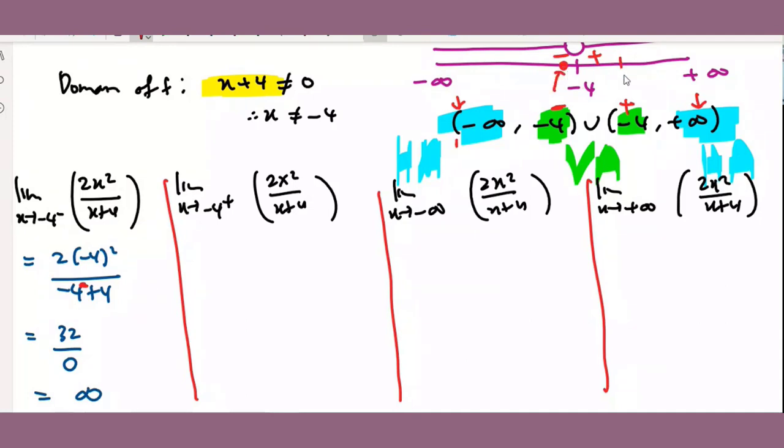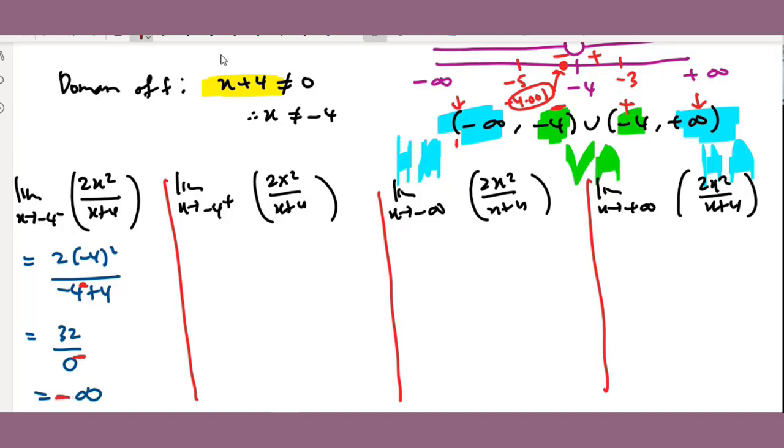So number line, this one negative 3, this one negative 5. So negative 4 from left is negative 4.001. Negative 4.001 plus 4 is less than 0, so it gives negative from the left. 32 positive over negative. So the answer is negative infinity.